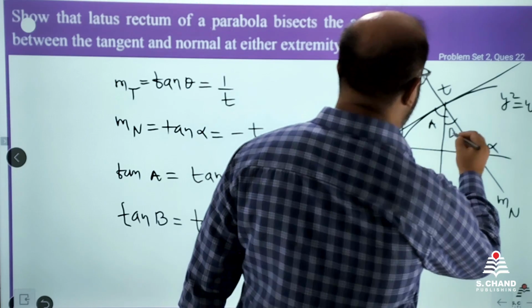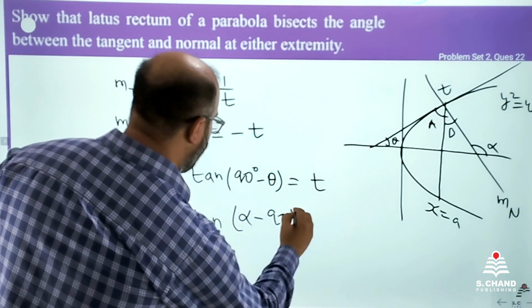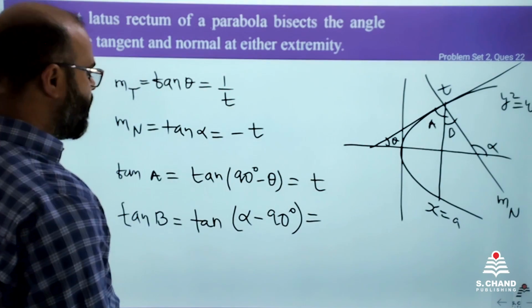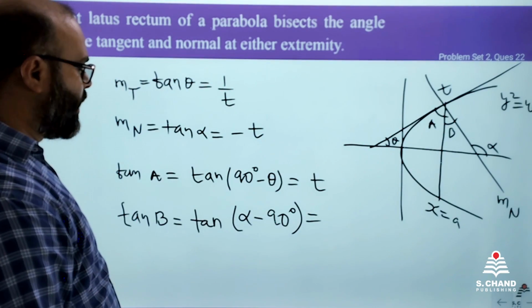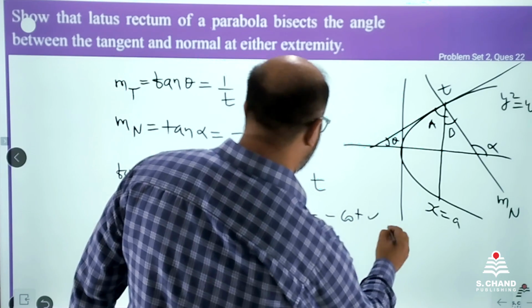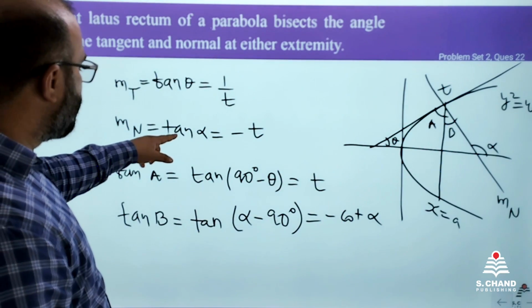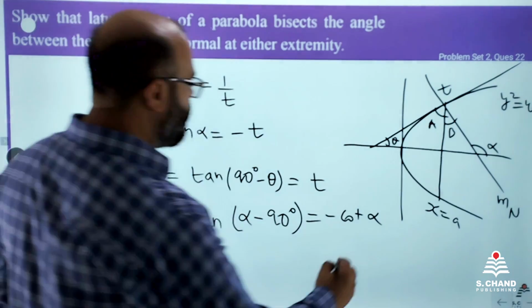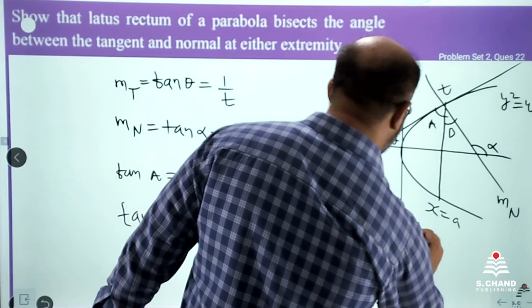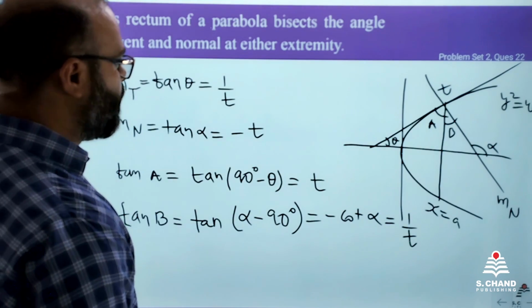So alpha minus 90 is B. So tan of alpha minus 90 is minus of tan of 90 minus alpha, which is cot alpha. So minus cot alpha. Now what is cot alpha? That is actually minus 1 by t. So this will become 1 by t. So tan A is t and tan B is 1 by t.